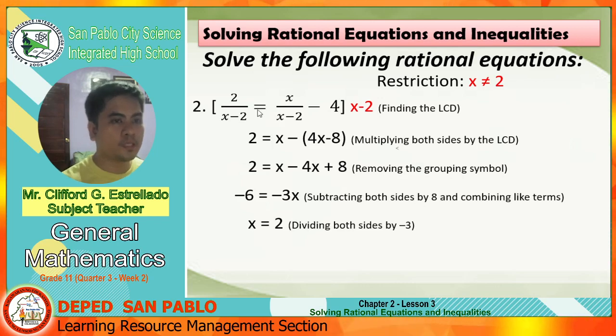Okay? Since in our restriction x should not be equal to 2, and our solution gives us x is equal to 2 as the answer, we cannot accept this value to be a part of our solution. In this case, you can say that there is no solution for this given rational equation.